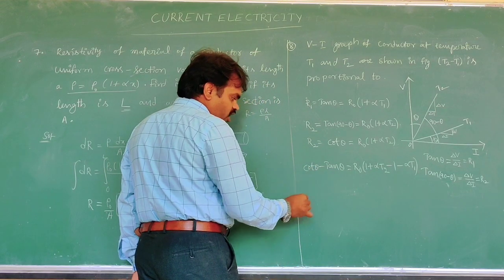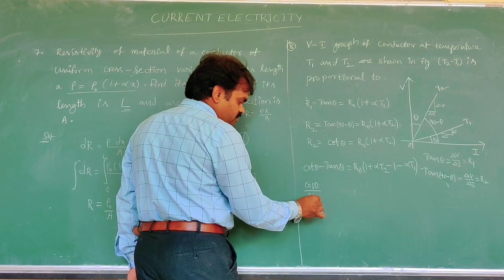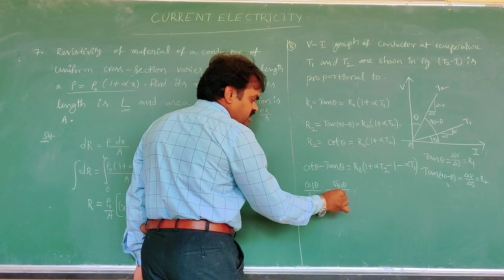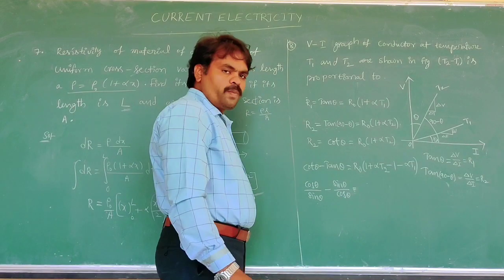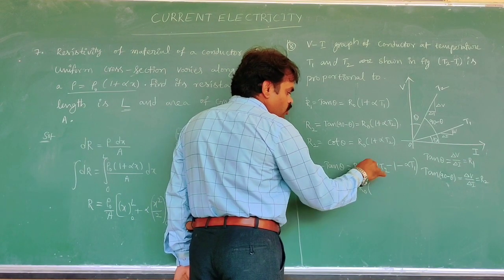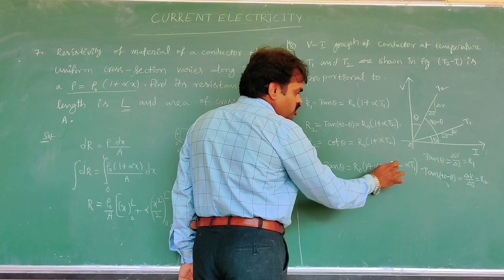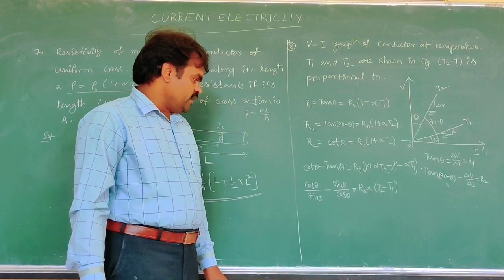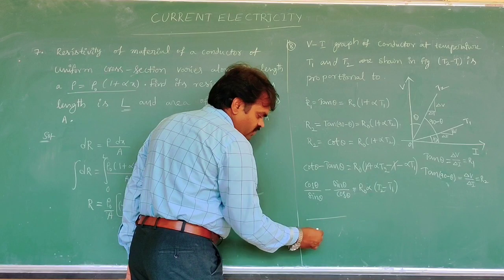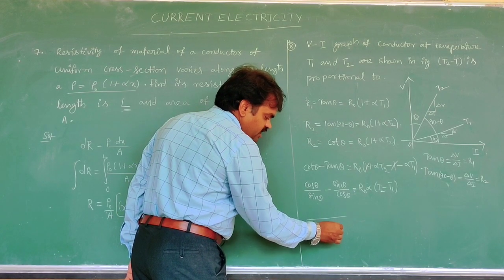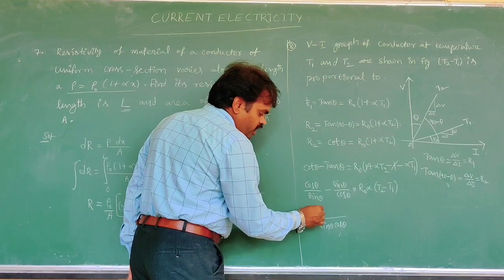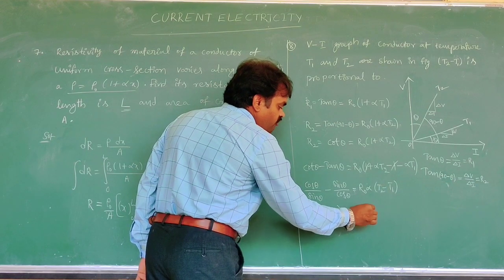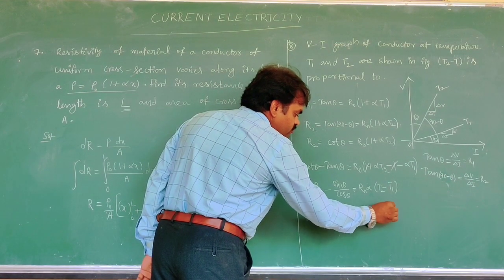Cot theta means cos theta by sin theta, minus tan theta means sin theta by cos theta, is equal to R0, the 1 cancels. Then both terms have alpha common, alpha into T2 minus T1. Now take the LCM, sin theta cos theta. Here cos square theta minus sin square theta is equal to R naught alpha into T2 minus T1.